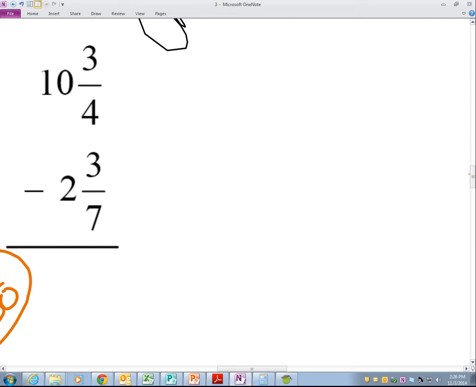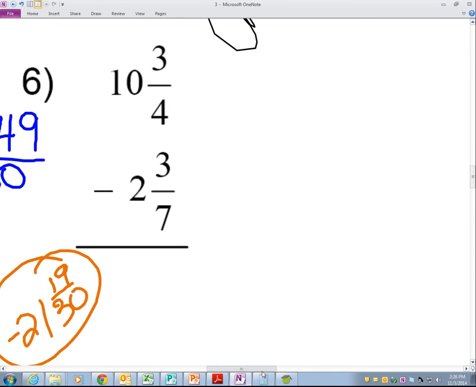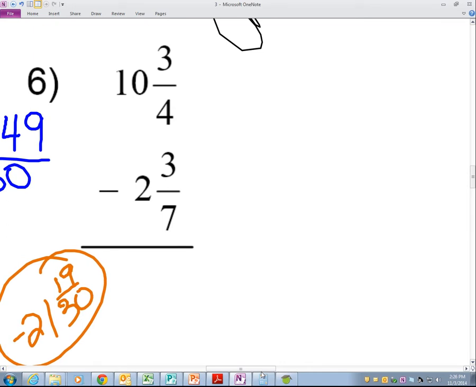Did I have you guys do this one? All right. So I'm going to shoot through this as we go through. I want you to have the improper fractions because it's easier to work that way. So right away we're going to have 43 over 4 minus 17 over 7.